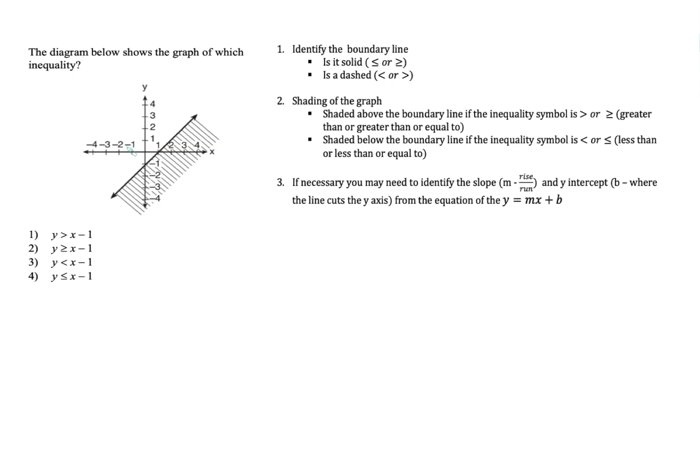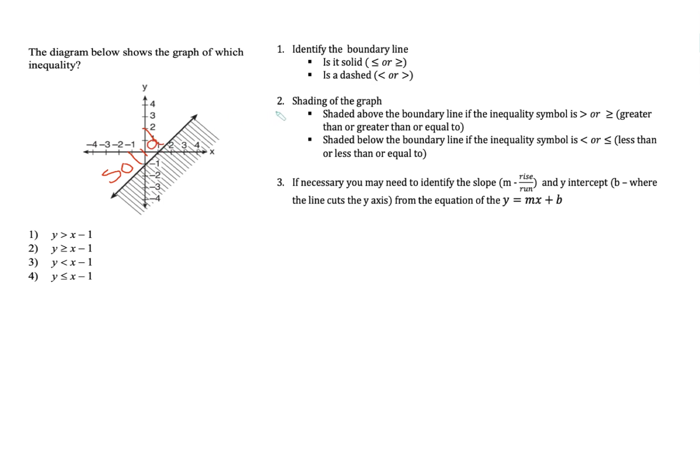Now our first problem states, the diagram below shows the graph of which inequality? So we have a graph and you have 4 inequalities and we have to choose the correct one. First step, let's identify our boundary line. Notice our boundary line is solid.